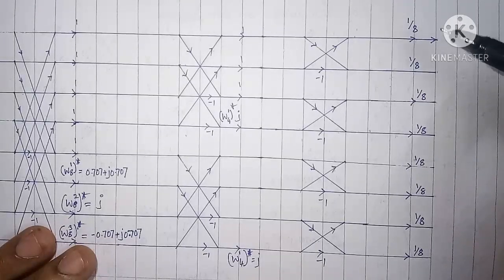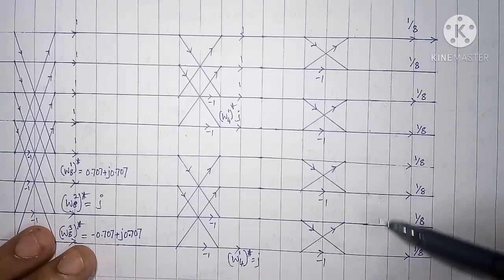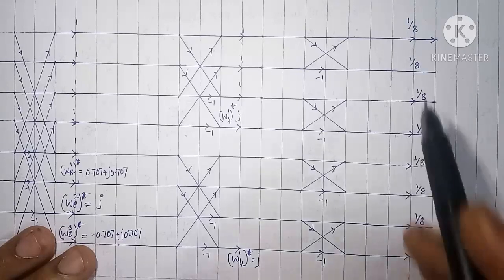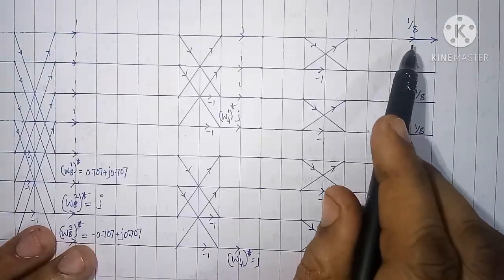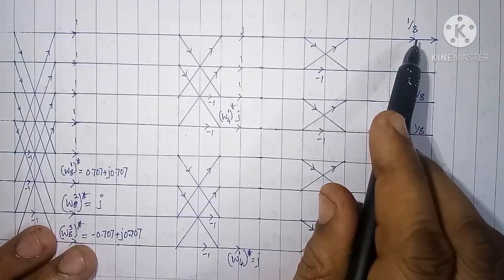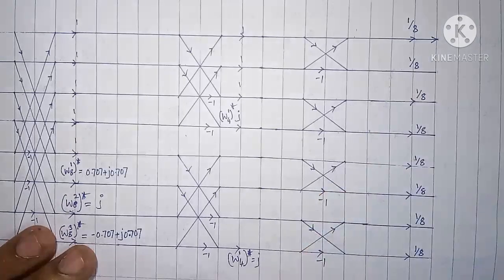You can note here the last outputs of this butterfly diagram are divided by 8, where 8 is the value of capital N.